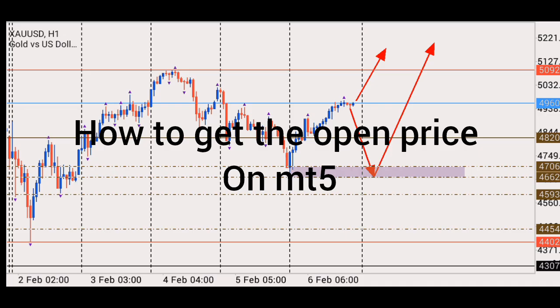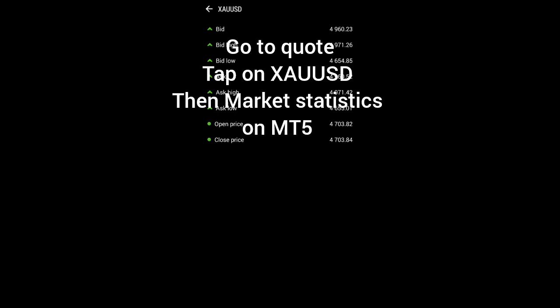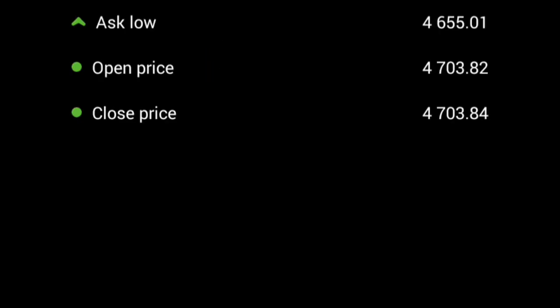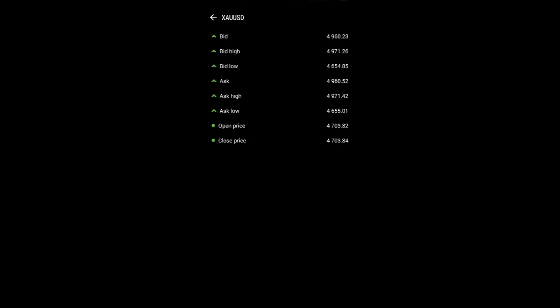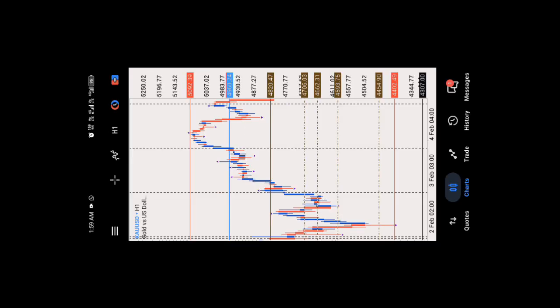So let me show you how I know the open price. This is the open price you see here. This is the closing price of the day. So you can just mark both of them if you want, but we normally use the open price. So when you go to your chart, 4703.82, you now mark the chart.